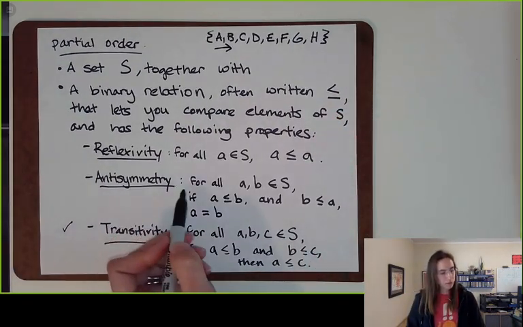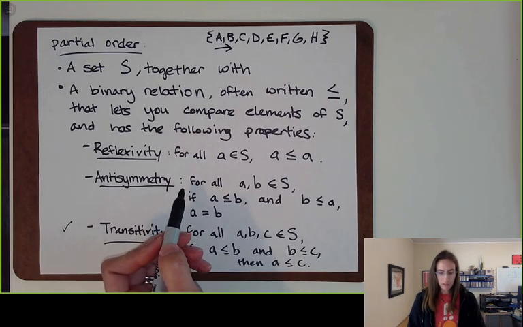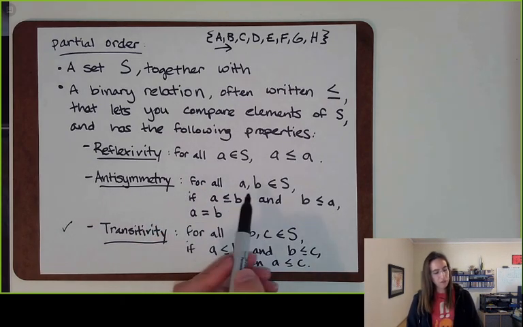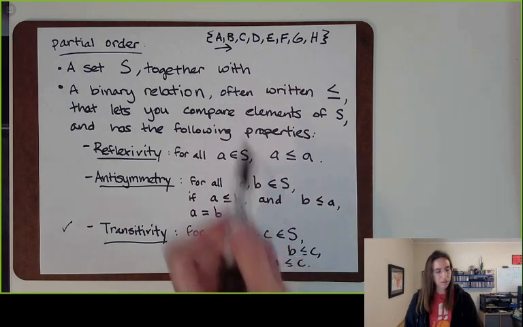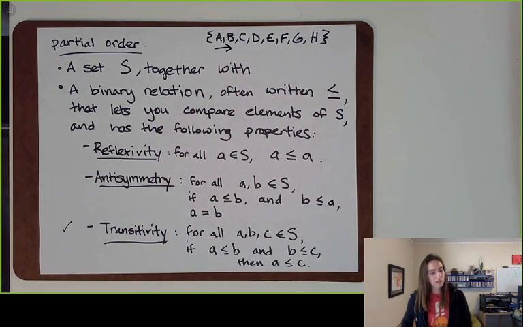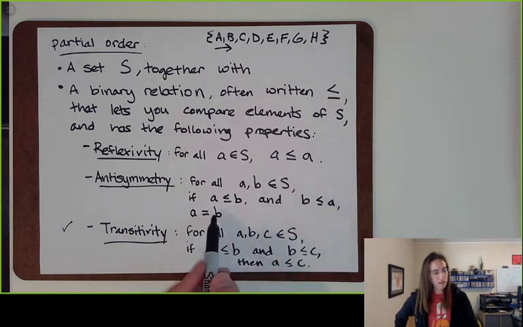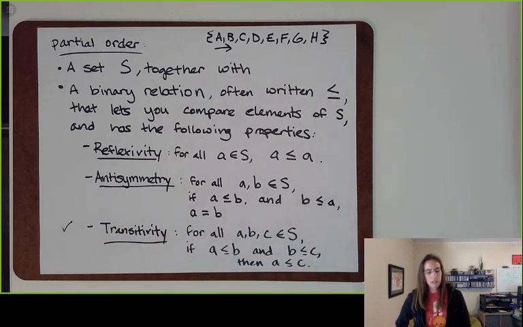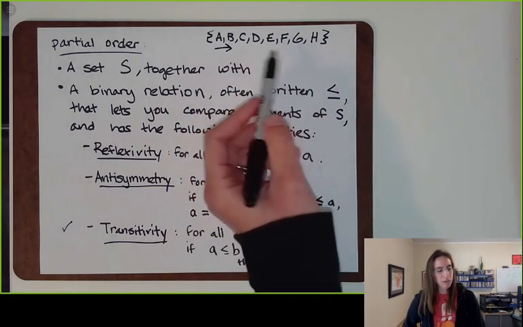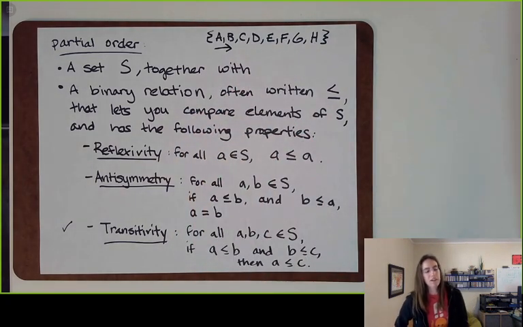What about anti-symmetry? Well, this says, okay, so for all A and B that are in the set, so pick out any two events from there, if A is related to B and B is related to A, then A equals B. Well, so let's see. If you picked out two events from here, let's say like D and E, if D happens before E and E happens before D, does that even make sense to talk about?